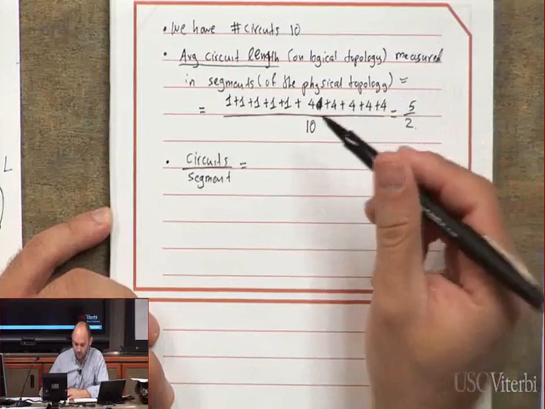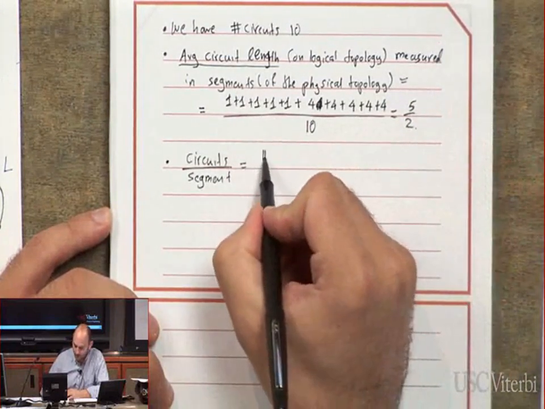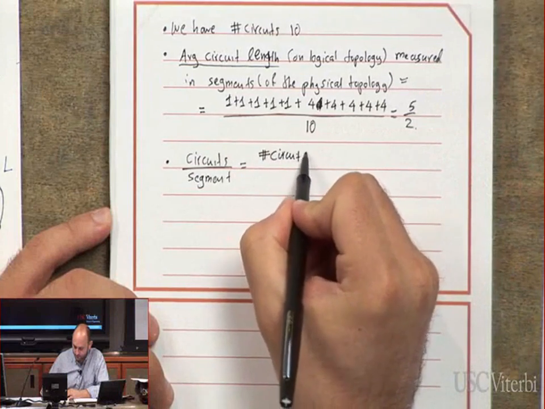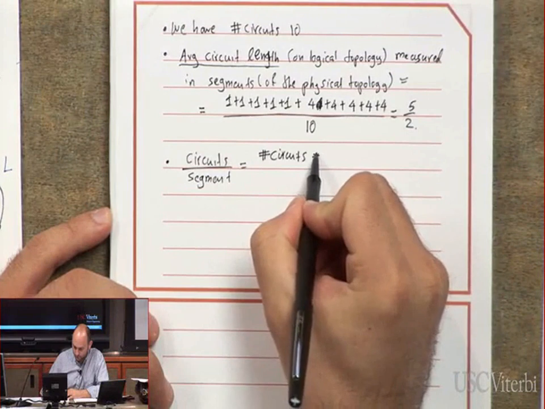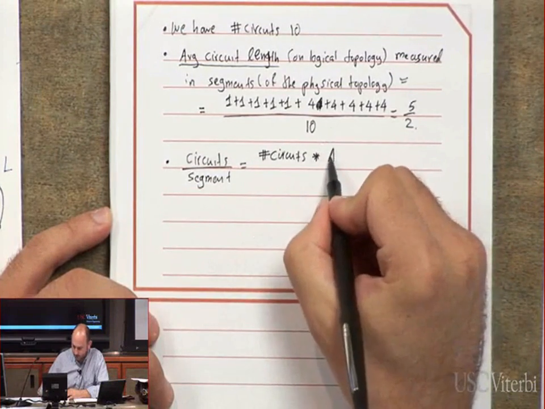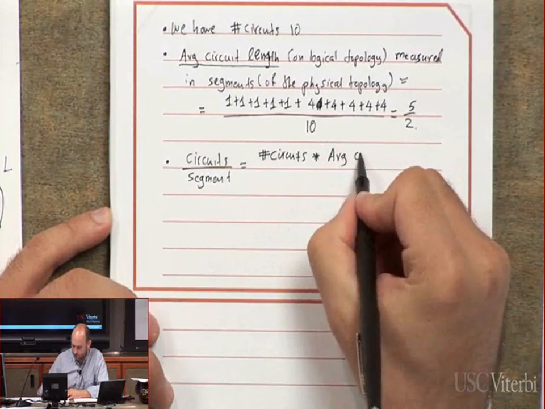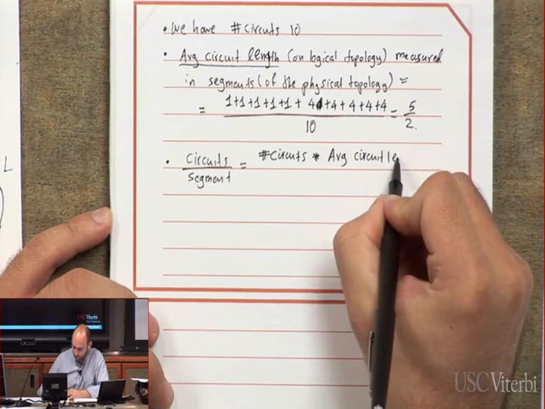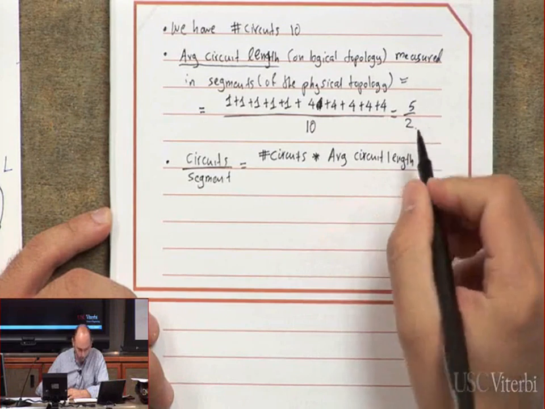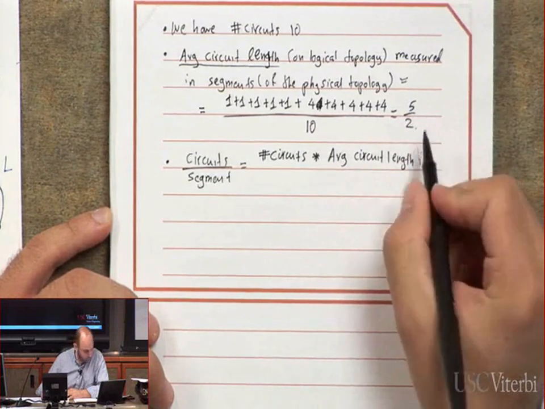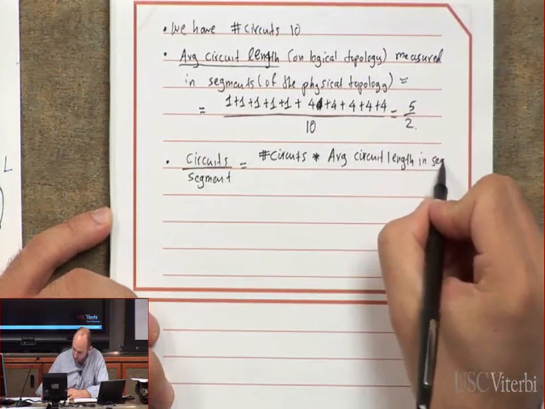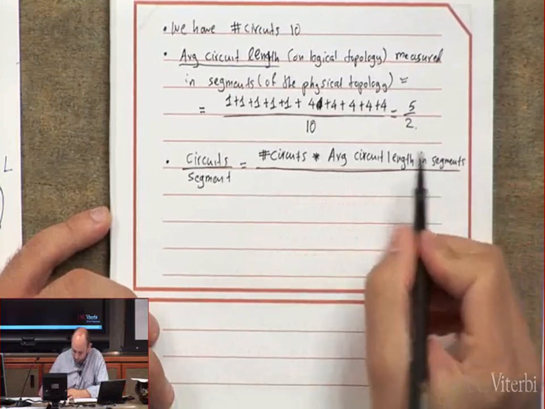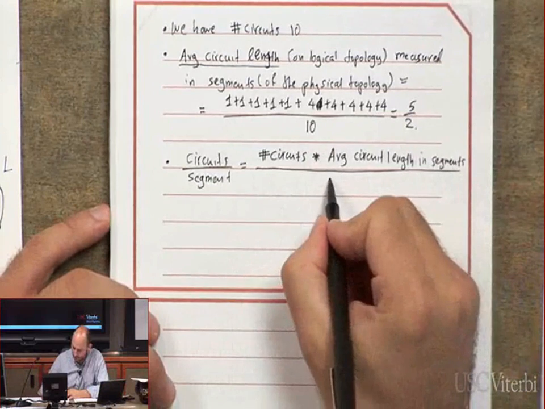In other words, we can have total number of circuits times average circuit length in segments over 5 segments.